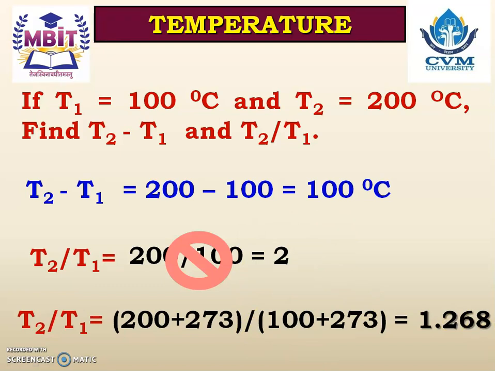Because the unit in which temperature is measured as per SI system is Kelvin, we have to convert the temperature into Kelvin. And when we convert the temperature into Kelvin, we get the answer of T2 by T1 as 1.268, not 2.